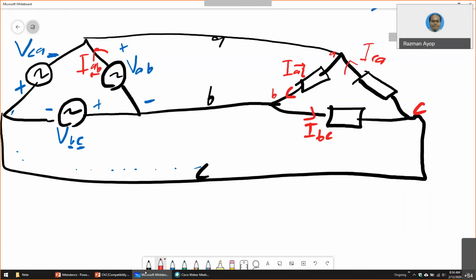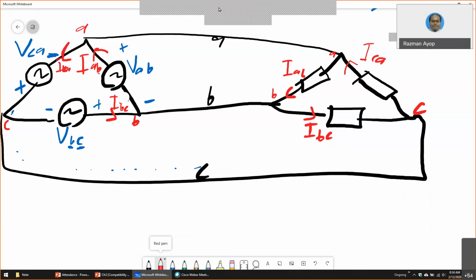So this one is A, this one is B, this one is C. IAB, IBC, so from C to B it is a different direction. Make sure you don't put this; I just want to show you the direction of the current. And then this one is ICA.